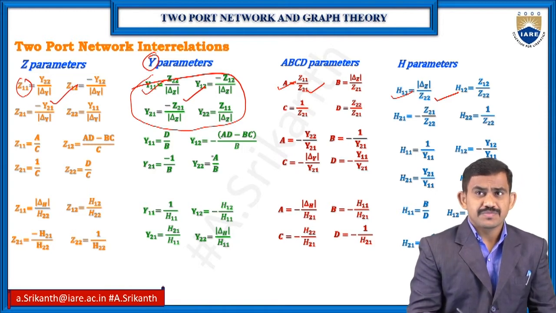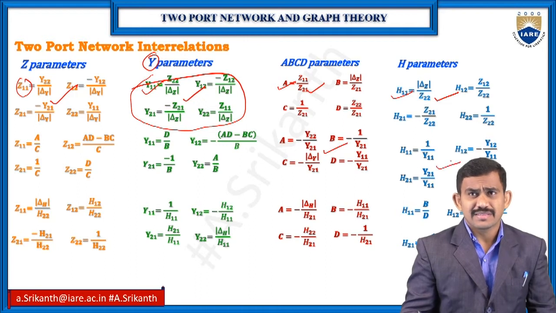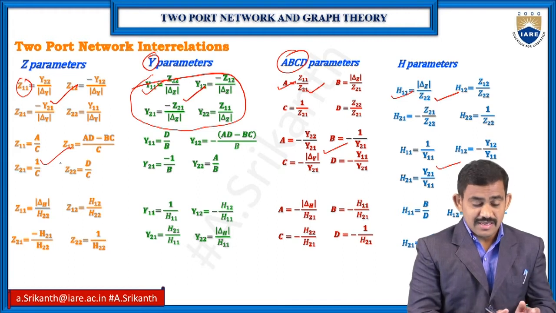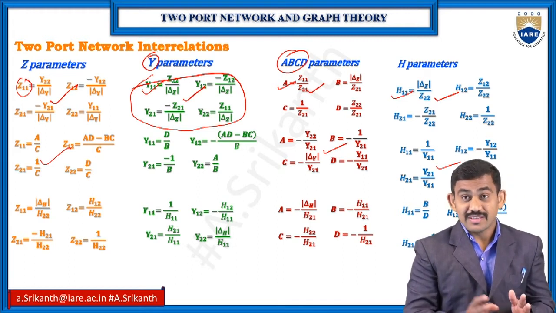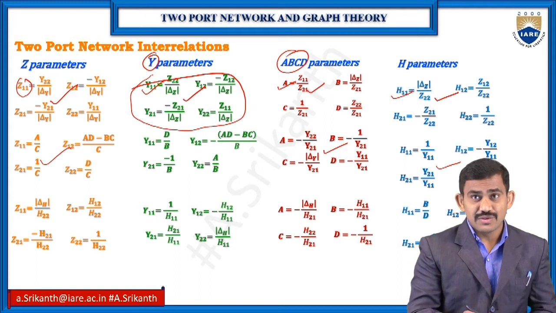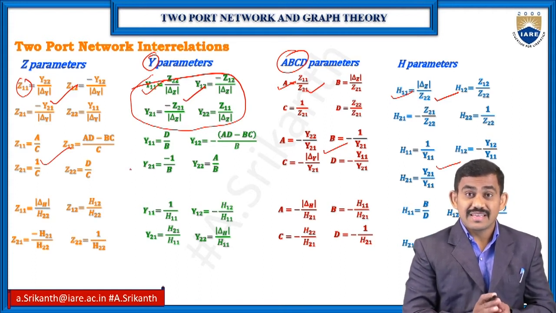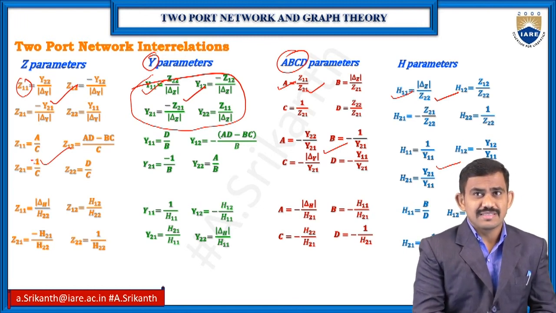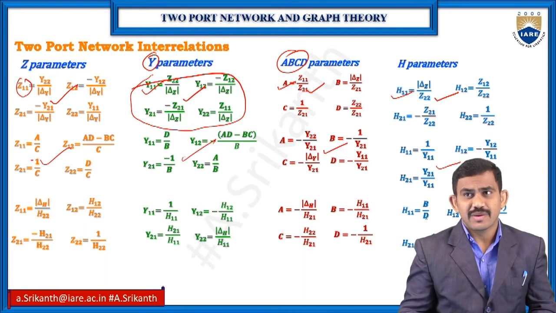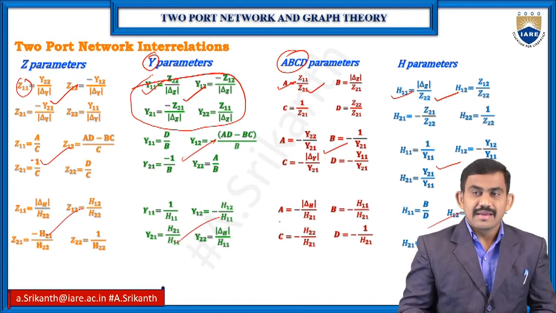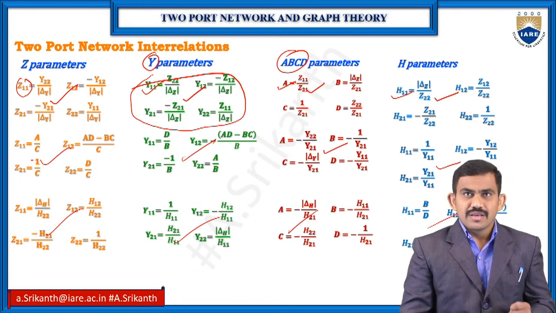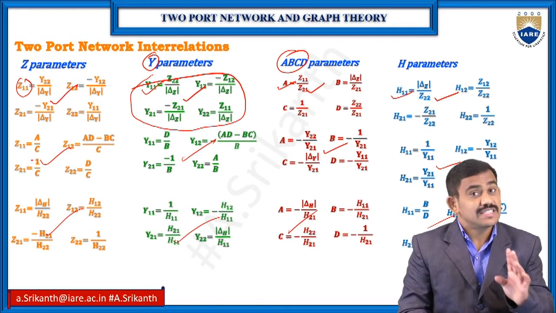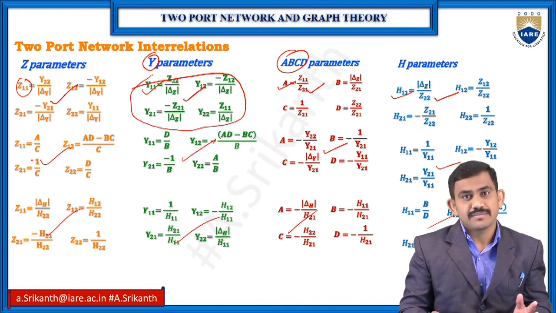If I know the ABCD parameters, I can find out the Z, Y and H parameters. If I know the H parameters, I can find out the remaining parameters. Observe clearly, everything is different, not the same. Okay, so these are the internal connections. When you know the equations, it's very simple. If you don't know the equations, it's difficult. Okay.